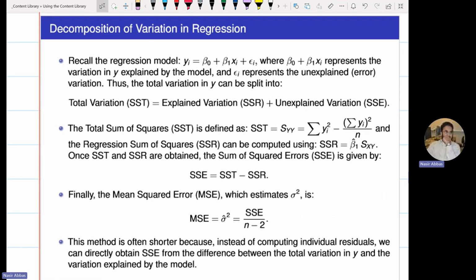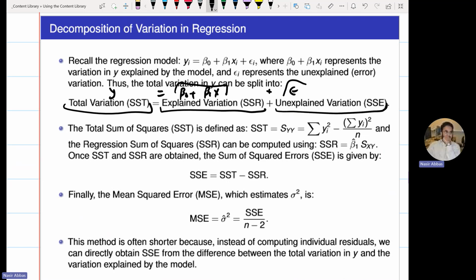And that shortcut method again was driven by this equation, y equals beta naught plus beta 1x plus epsilon. It is driven by this equation, which says that the total variation in y is equal to the variation which is explained by your regression and the variation which is not explained by your regression. The total variation is denoted by SST.